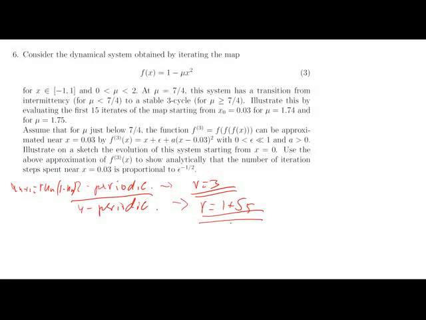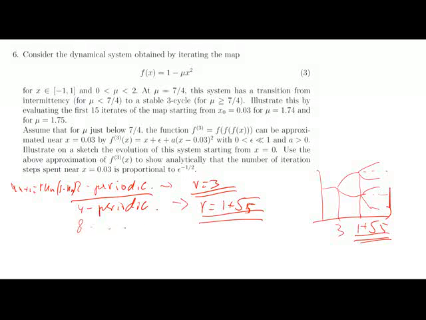I didn't show this, but you can guess from what I was talking about period doubling cascade, because in period doubling cascade, when two periodic solution becomes unstable, we have four periodic solutions, and we know it's stable from 3 to 1 plus square root of 5. Therefore, at this value, four periodic solutions occur. And we can find 8 periodic and so on.